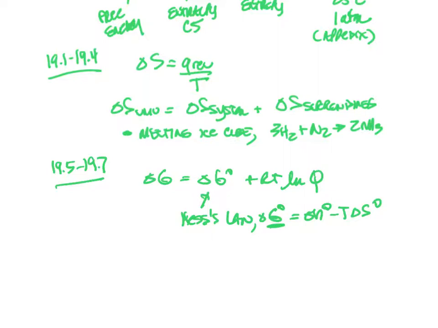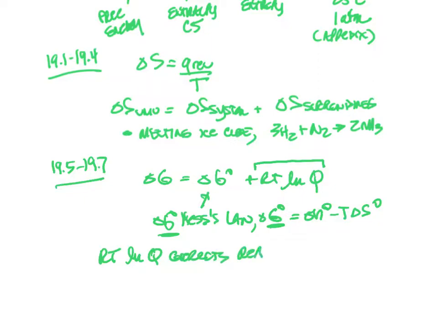Both of these will give us the same, relatively speaking, delta G. So what is this piece that's sitting out here? That is a correction factor. RT ln Q corrects for real conditions.